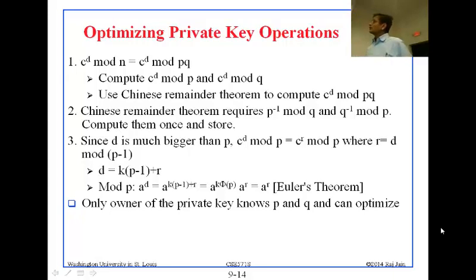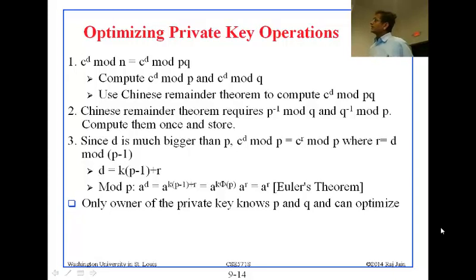So with P and Q, you can calculate C raised to D mod P and C raised to D mod Q. These are all small numbers, since P and Q are actually half the size of N in number of bits. So you can calculate these and then use the Chinese remainder theorem to calculate the whole thing.